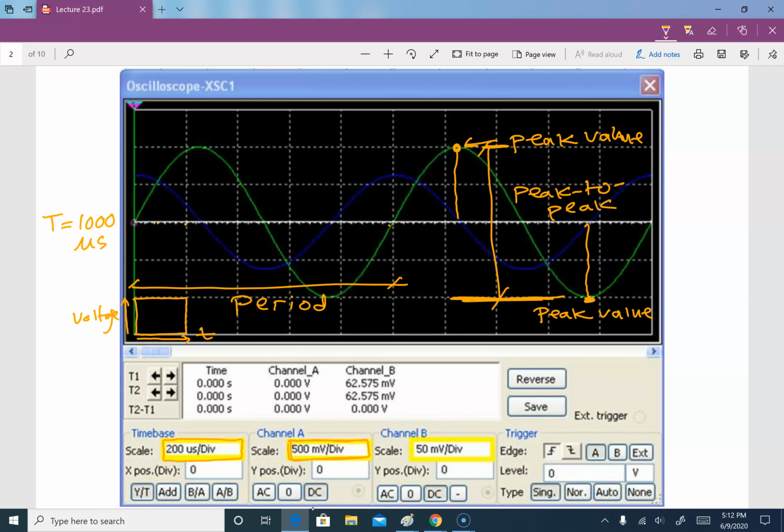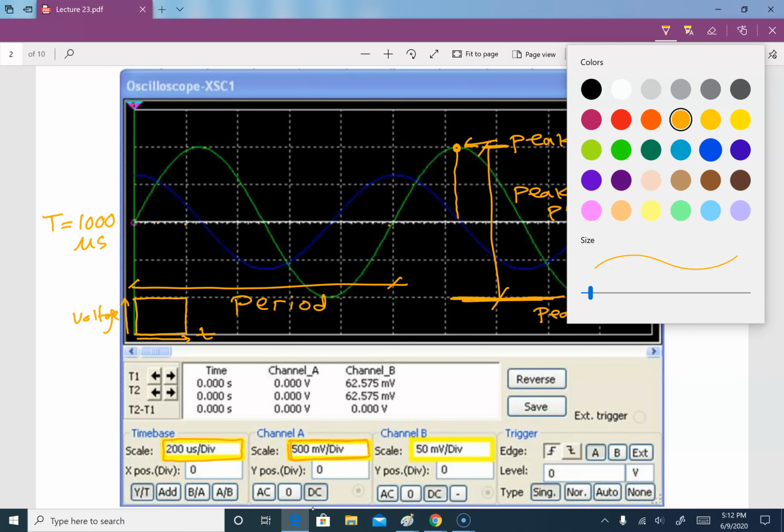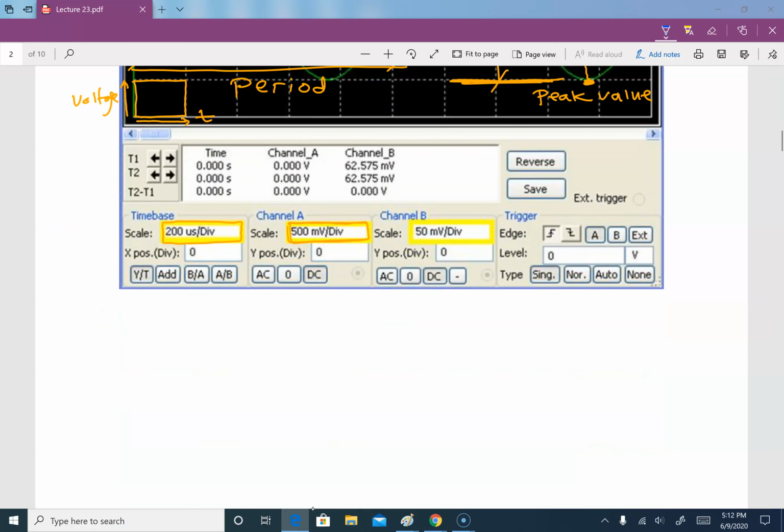So now let us do these definitions. The first thing is the cycle. A cycle is each complete waveform of 360 degrees.